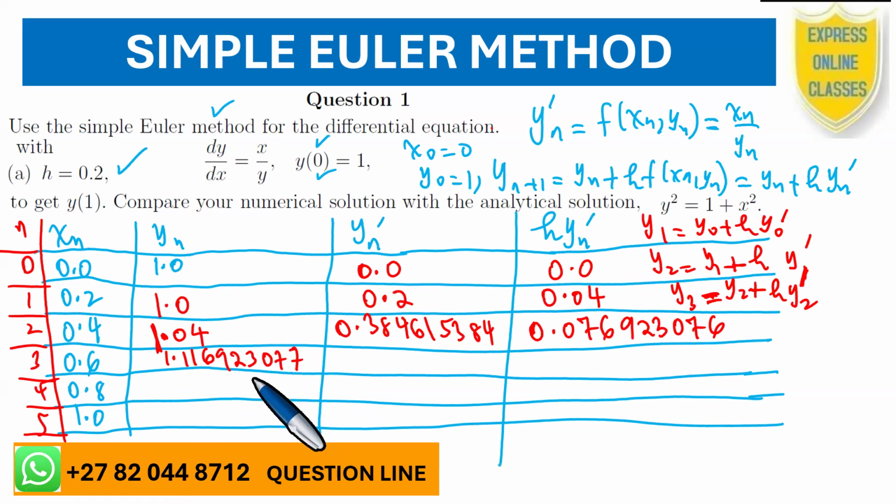Then you would have yn primed, which is x over y, the preceding one. So for instance y3 primed is x3 over y3.